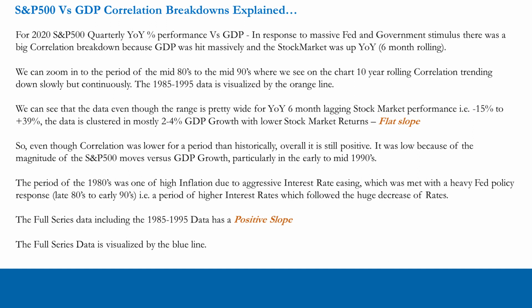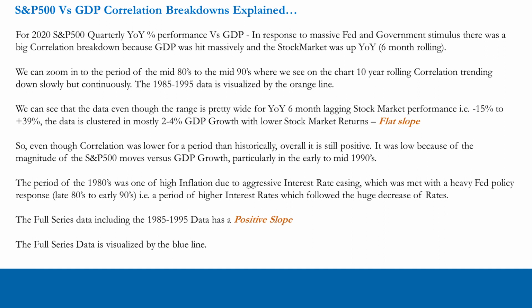Well, when you actually look at the data set, and you can look at this in the downloads area, when you look at the data set for the statistical correlation, we can see that even though the data range is pretty wide for the 6-month lagging stock market performance, so the data range for the period in 1985 to 1995, it goes as low as minus 15% to as high as positive 39%.